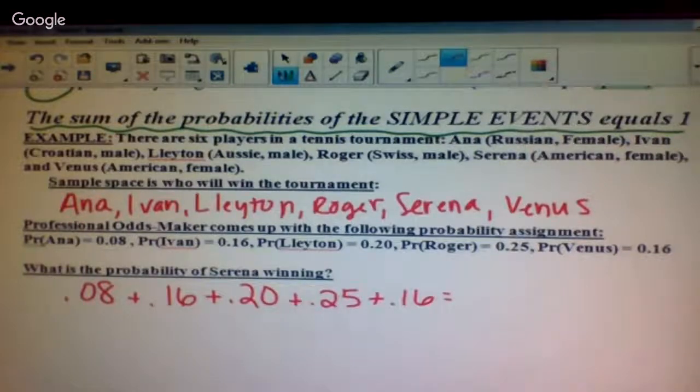That gives 0.85. So if all of these added together is 0.85, that means Serena has 0.15.